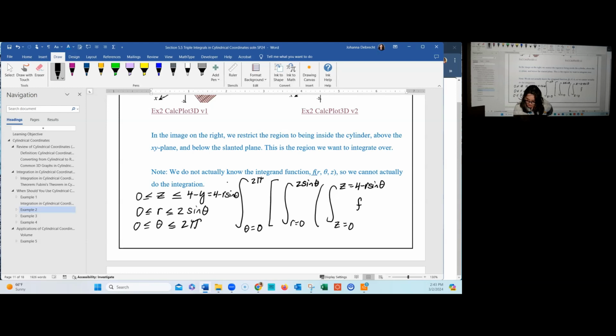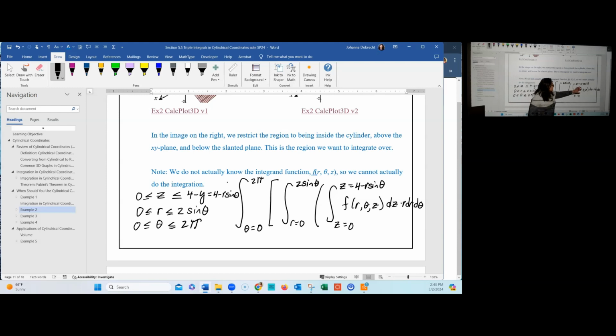We don't know what our function of r, theta, z is, but if we did, it would go in the integrand, followed by the differential for dz, and then our r dr d theta. Notice that you can move the r to the innermost integrand, since z is also a function of r.